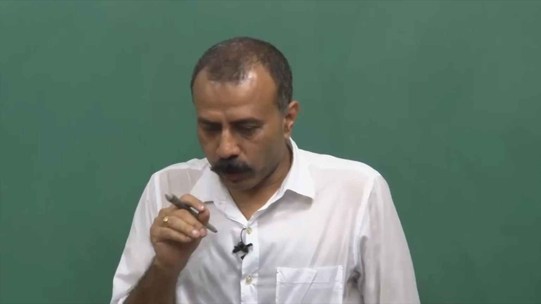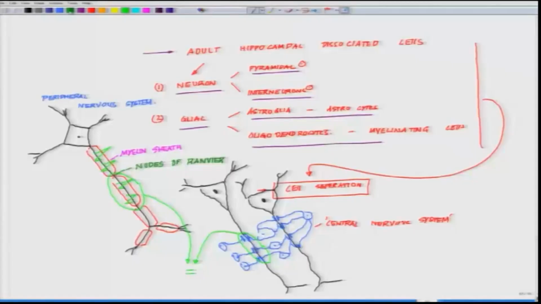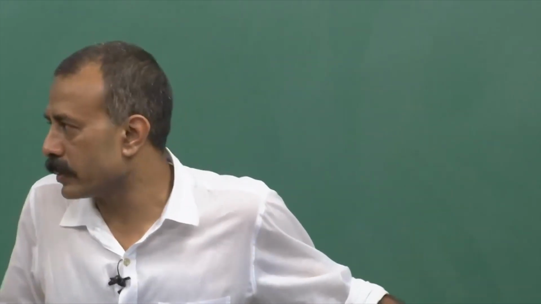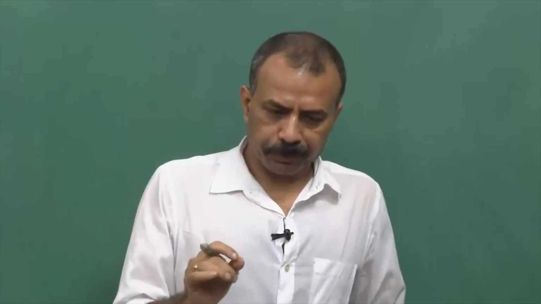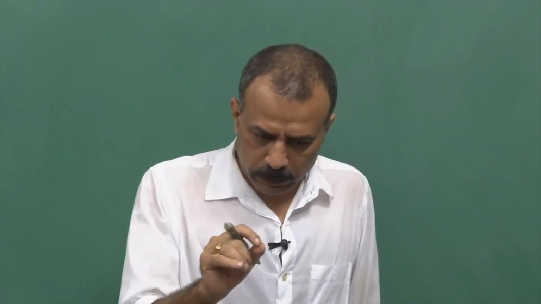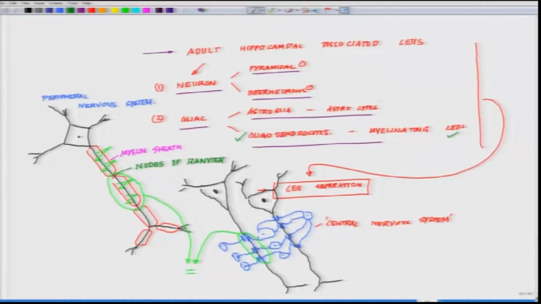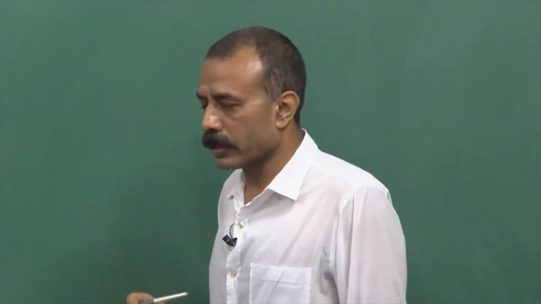I have to give you this idea, because that way all these words will make sense and you will be able to appreciate how this whole thing is orchestrated when we talk about a defined system, right. So, in this class, after giving you this brief idea, because now we are dealing with oligodendrocytes and astroglia, once you know the function of all these things, I will be defining how one can separate them out and how one can reintroduce all these things into the system.